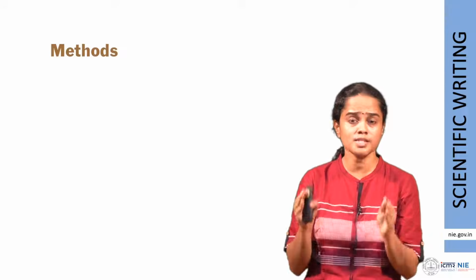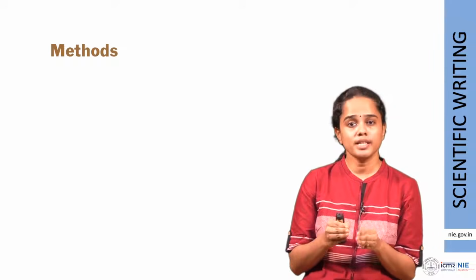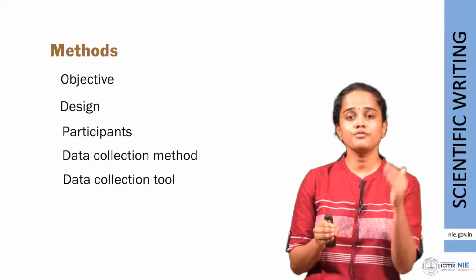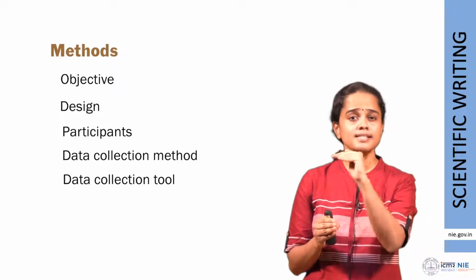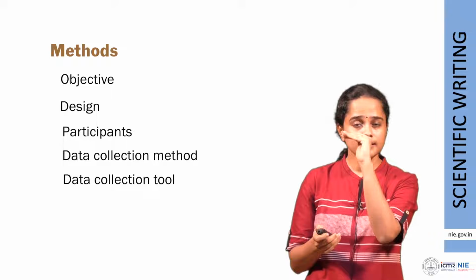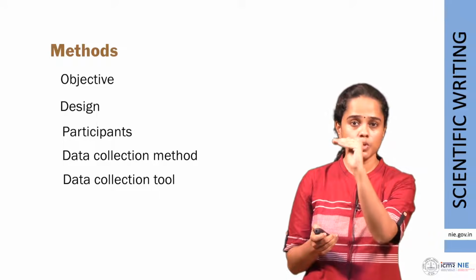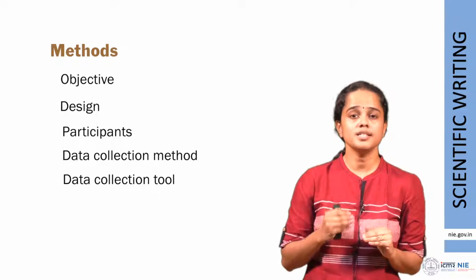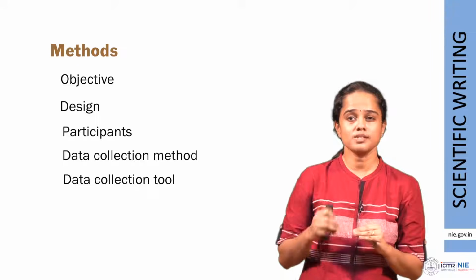So this is just a summary slide where I say how you go objective-wise. Like for objective 1, this is the study design I employed. These are the participants who were included to meet this objective. This is the indicator I calculated to meet this objective.